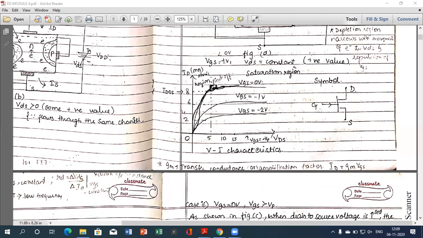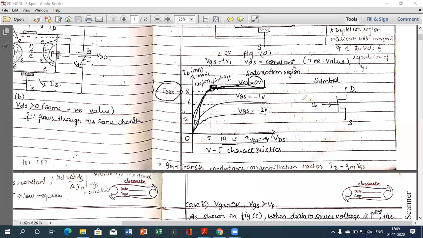Okay, so at this particular voltage of 5 volts, if I go on increasing from 5 to 10 volts, the depletion layer blocks the channel and the current which has reached this maximum will get saturated, meaning it becomes constant. So whatever the VDS voltage, 10, 15, 20, 25, the drain current ID becomes maximum, and we call it IDSS. So that will be the maximum current when VGS is 0 volts.